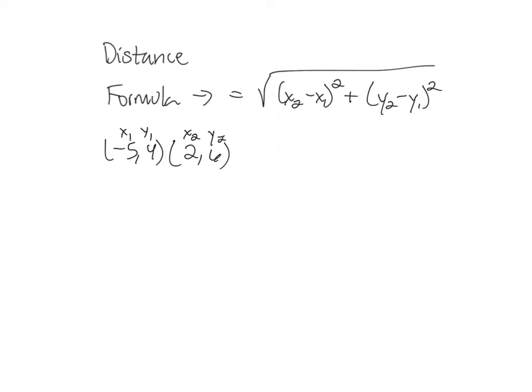The other version, and they really do go together, is if I put negative 5, positive 4, and then I put 2, 6 on a graph, it's asking me how long is that line, or that segment.